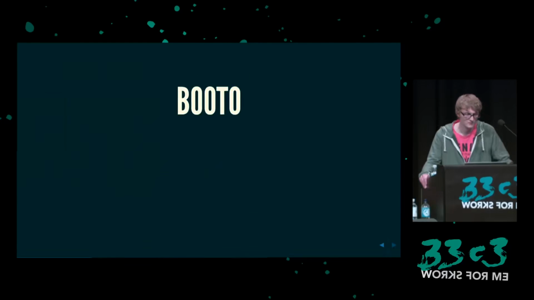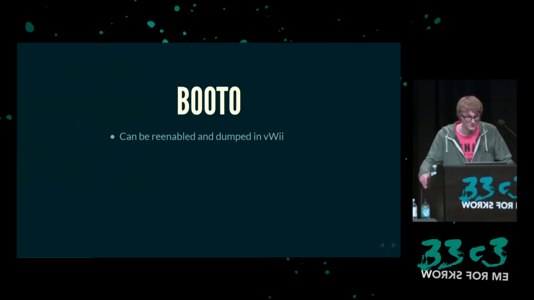So there's boot1, which of course boots this. Sorry, we've got boot0, and this boots boot1. Fail Overflow found out that boot0, which is the boot ROM of the security processor, can be re-enabled again in virtual remote, and you can just dump it. So let's look at boot0.